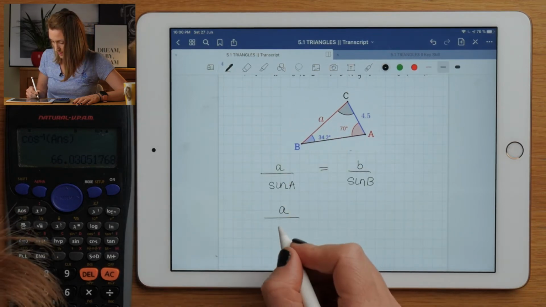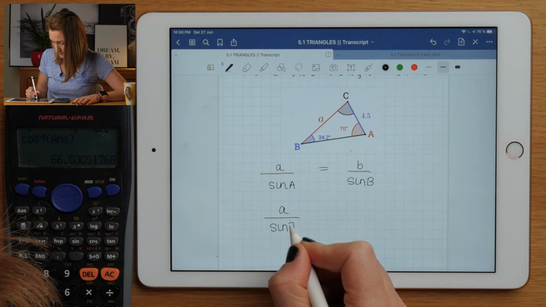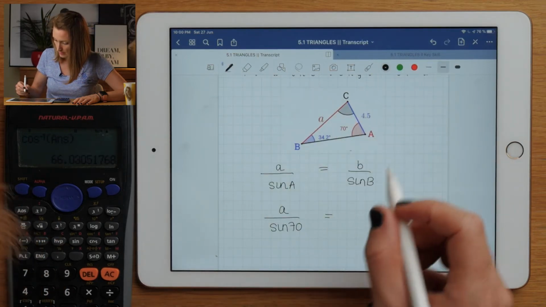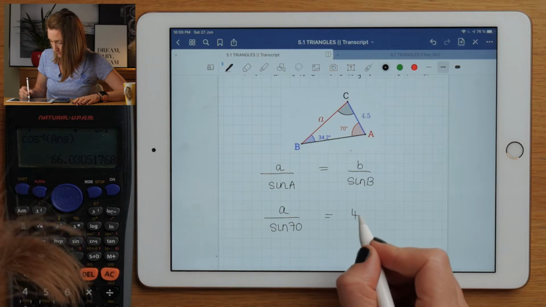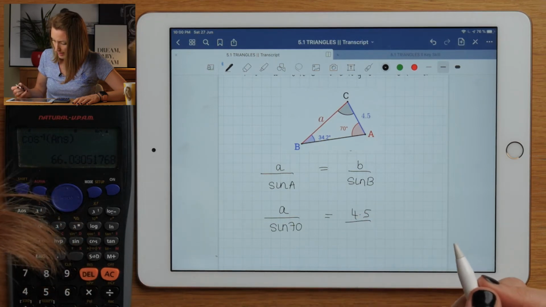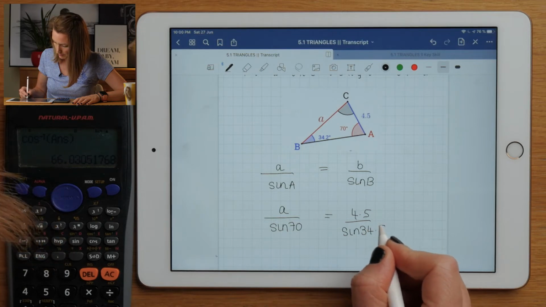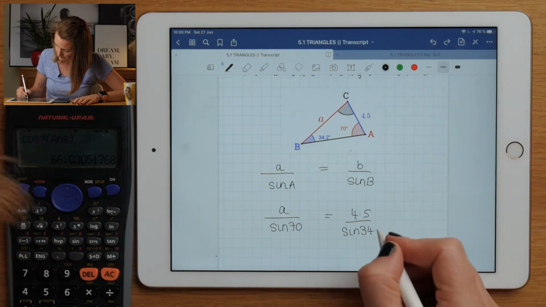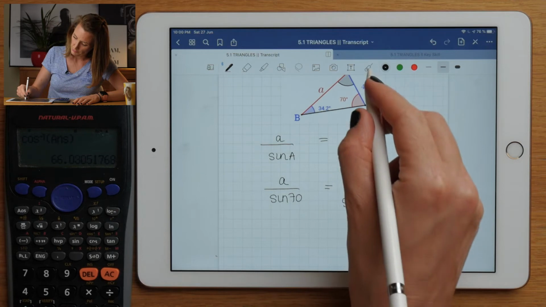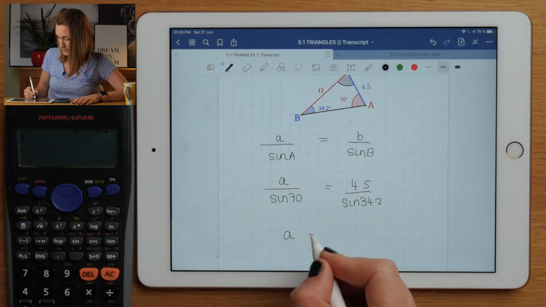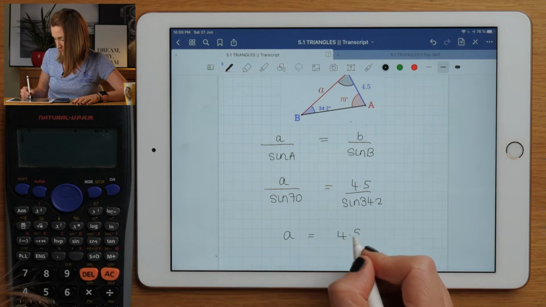So sine A would be sine 70 because that's its partner. B is 4.5, and sine B is sine 34.2. I'm going to move this divide by sine 70 to the other side as a times by sine 70.